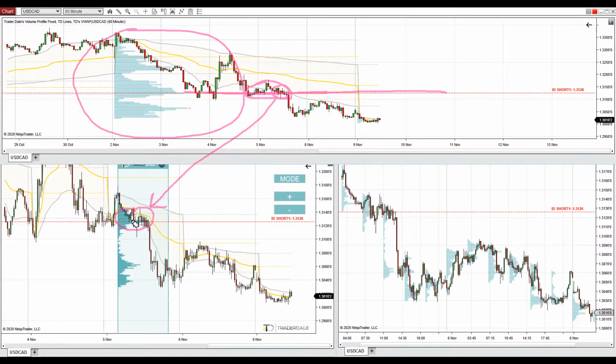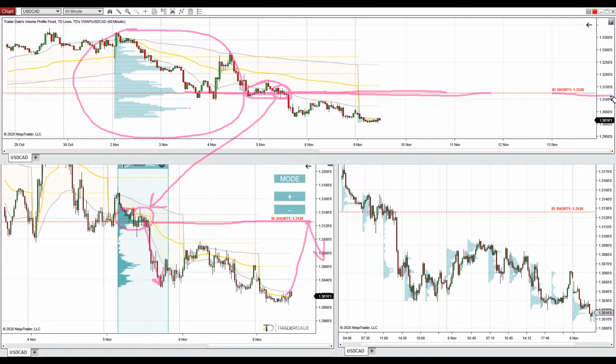And from that place where the heavy volumes got accumulated, there was a strong selling activity, strong sellers pushing the price downwards from there. So what I expect is that when the price makes it back to this area again, the sellers from this area will start defending their shorts, and they're likely to push the price downwards from there again. So that's the reasoning behind the resistance on the US dollar, Canadian dollar.